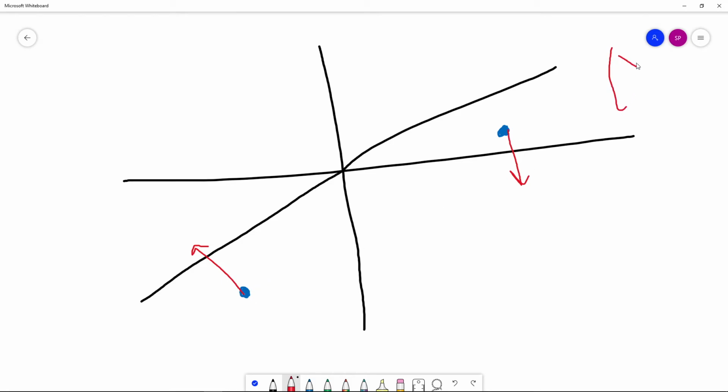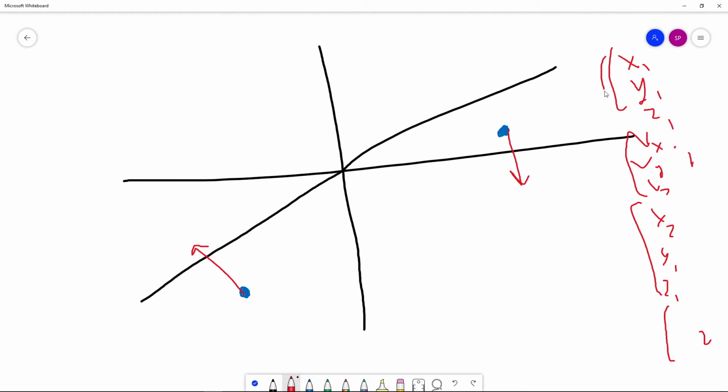I know the initial x, y, and z of the first body, and I know the initial x, y, z of the second body. So I know these 6 quantities, and I know the initial velocities: the x component, y component, and z component of the velocity for the first body, and similarly for the second body. So I am given 3 plus 3 plus 3 plus 3, that is 12 initial conditions.